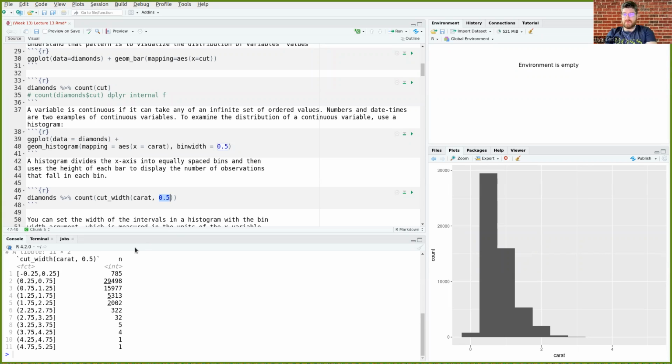The first bin is not reasonable because it starts at minus 0.25, but still, in order for us to get these equally spaced groups, we have to use a negative value. Otherwise, we would not be able to have the same 0.5 distance between groups. And you can see that 0.25 belongs to the first group, as well as 5.25 belongs to the last group, the 11th. And we have only one diamond in each of these groups.